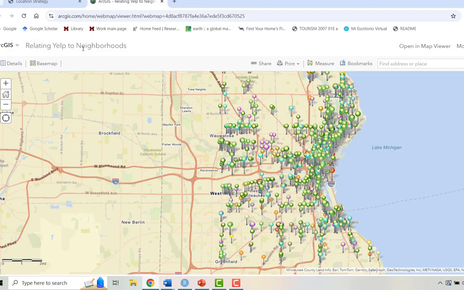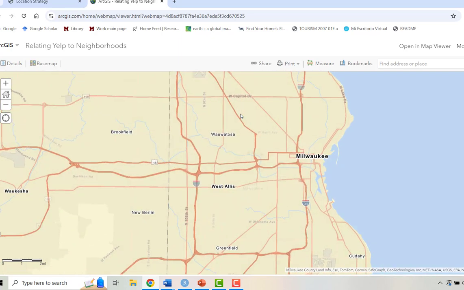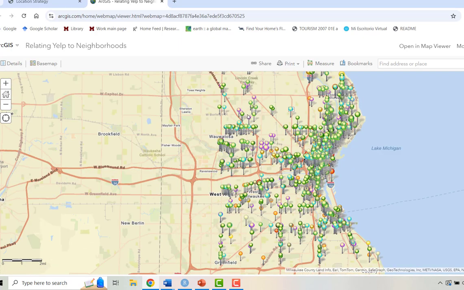Here we have, this was one I did a while back, and this used to have the tapestry segmentation, but somehow the tapestry segment got removed from this. This is ArcGIS's online product. And what I did here was my famous Yelp downloading, when I got banned from Yelp in Milwaukee.